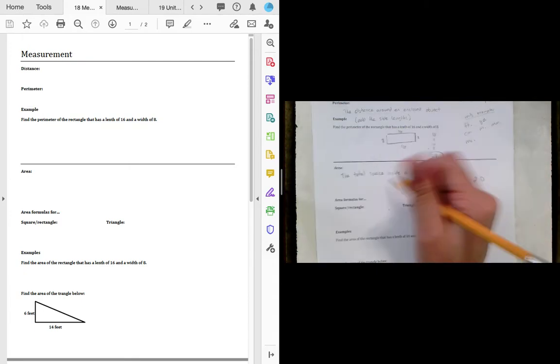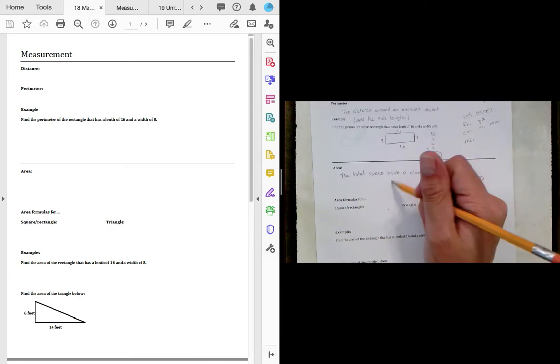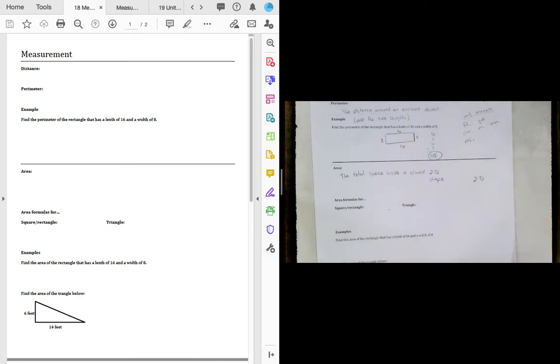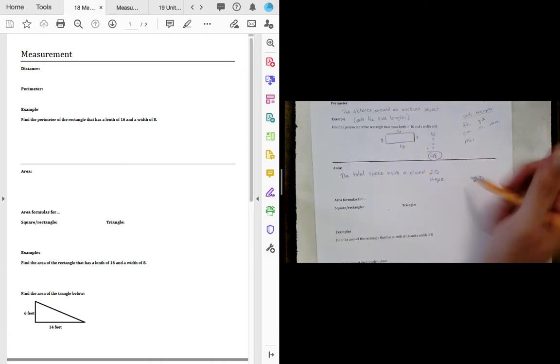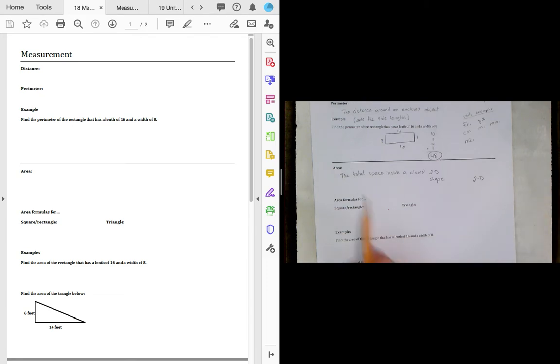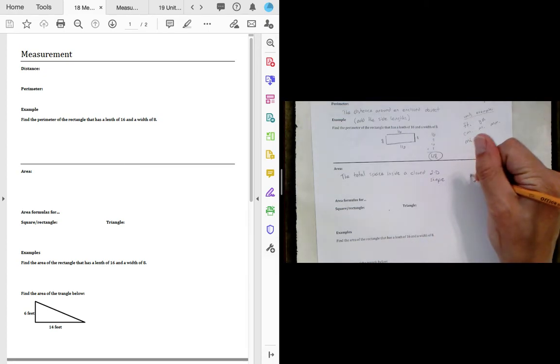So any kind of flat object that I can draw on this piece of paper, so long as it's closed, I can find a way to calculate its area. And if I can find a way to calculate its area, then its measurement is going to be given to us in a unit that's 2D. So this is measured in 2D.